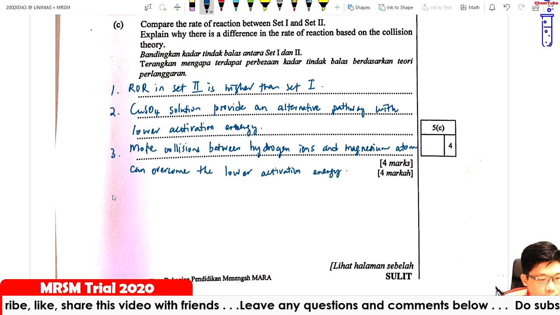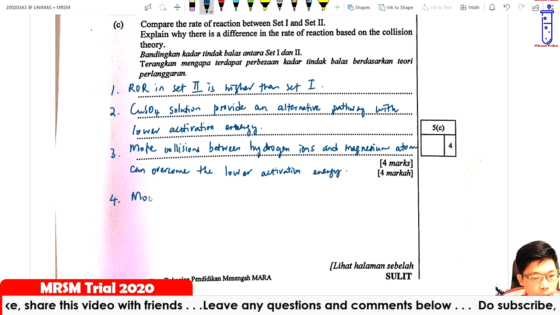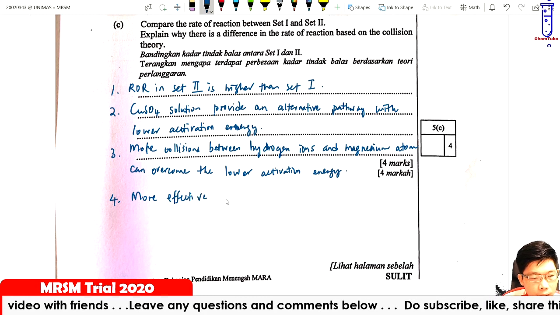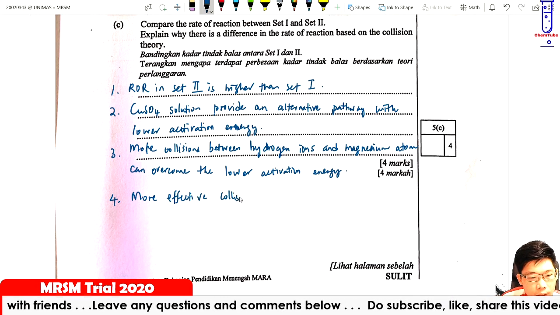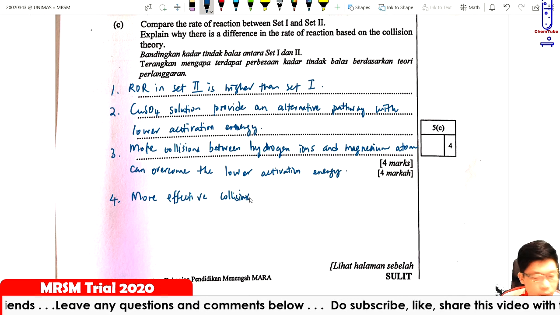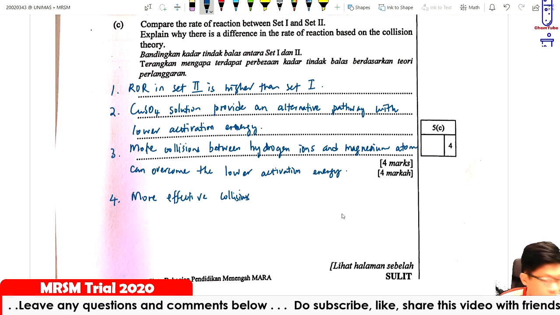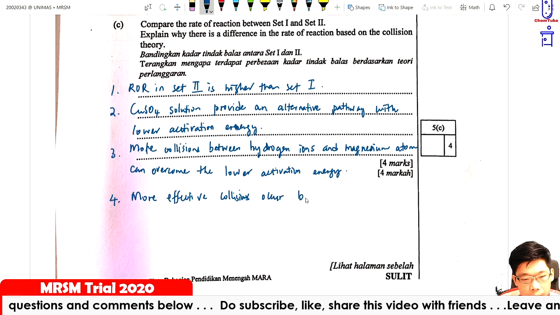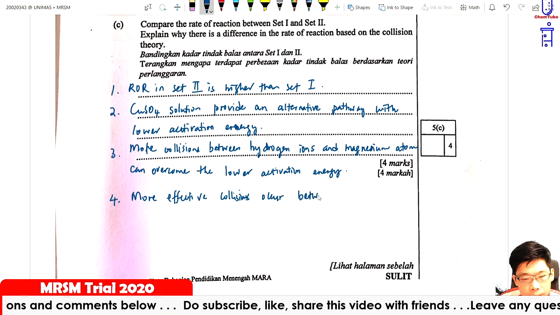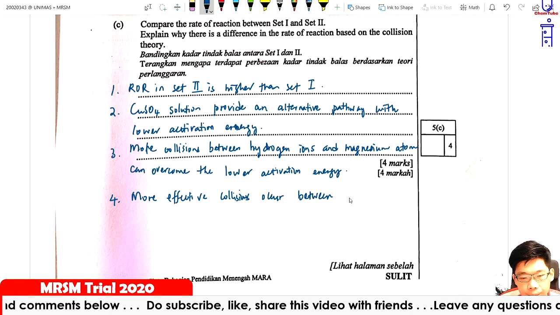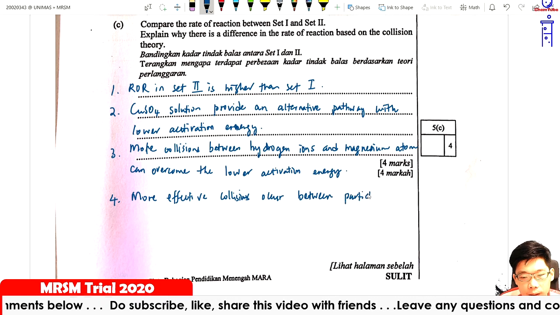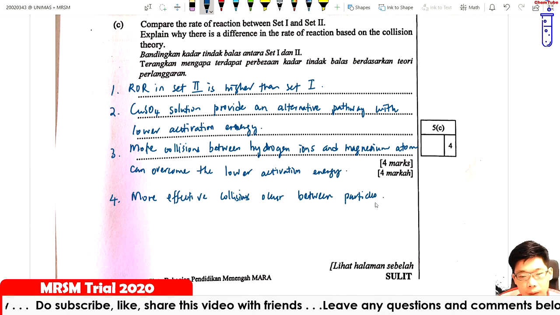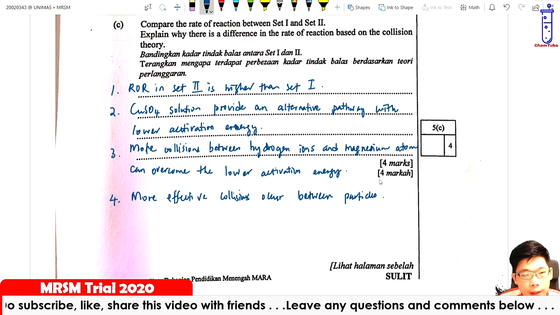Finally, point number 4, more effective collisions occur between the particles, so higher rate of reaction.